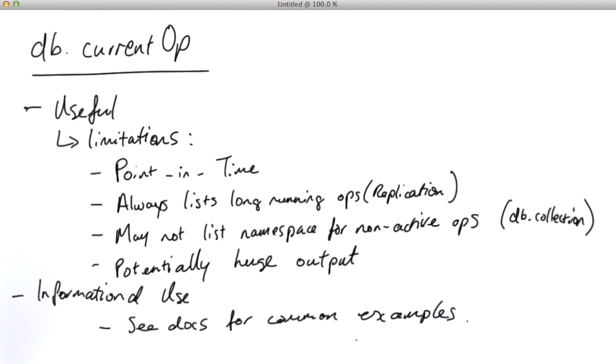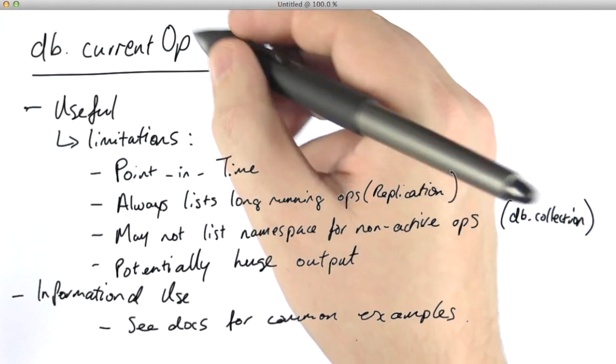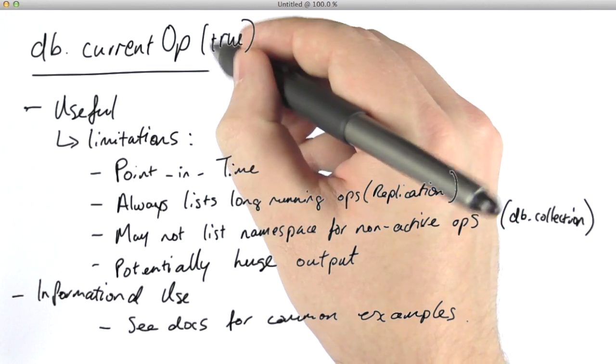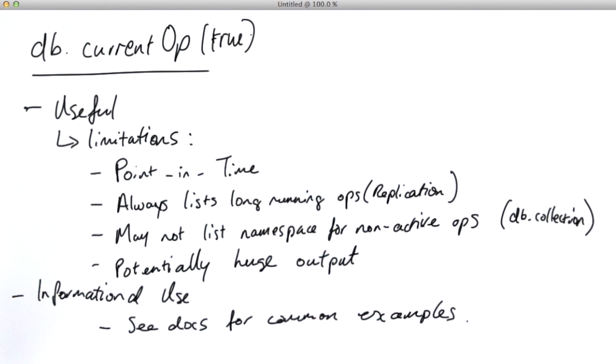There is one thing you can pass into db.currentOp, and I'll draw it in here as the optional argument. You can pass in a boolean, true. What the true argument does when passed into currentOp is give you more verbose output. It will list things like the operations related to connections to MongoDB, sort of the internal system type of operations.